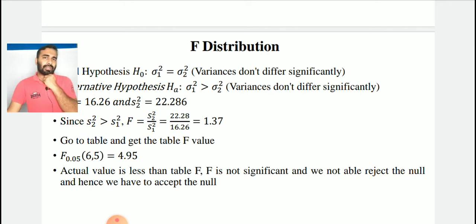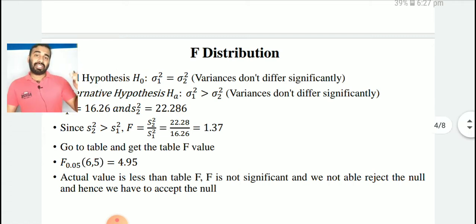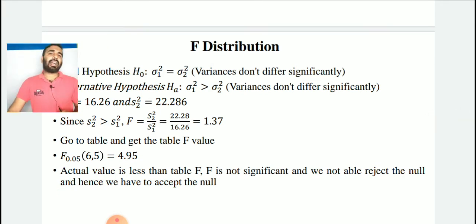What do we do? We go to the F table. There is a table called the F table, which was developed by R. Fisher himself. This test is also based on how many samples you are using and what the DF for the numerator and DF for the denominator will be.